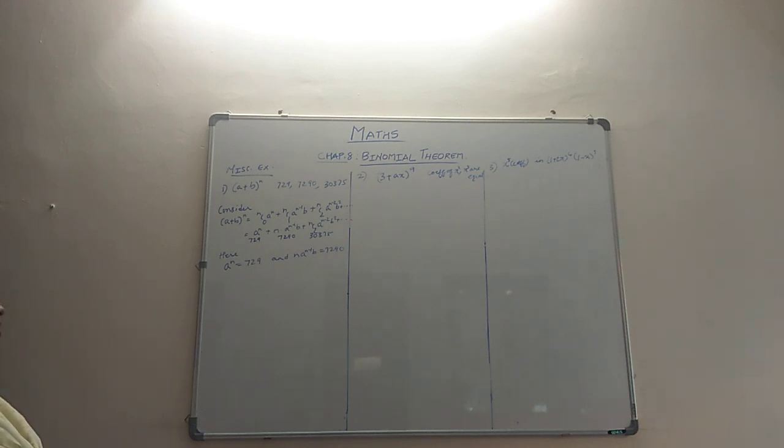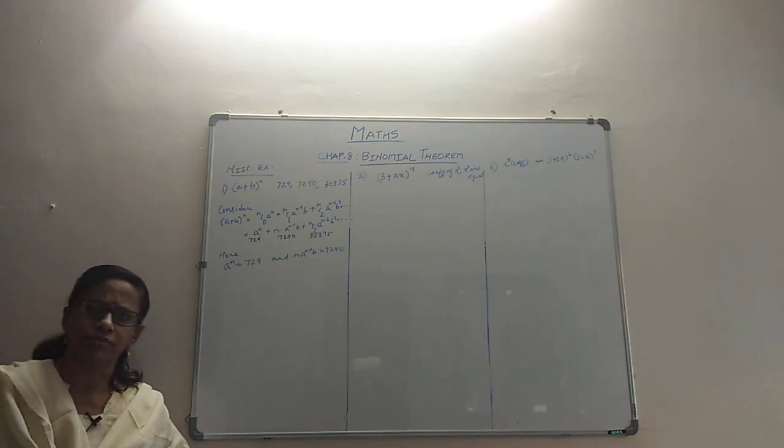a raised to n is 729. That means it's a power of something which is 729.